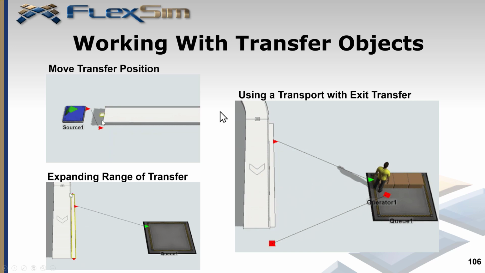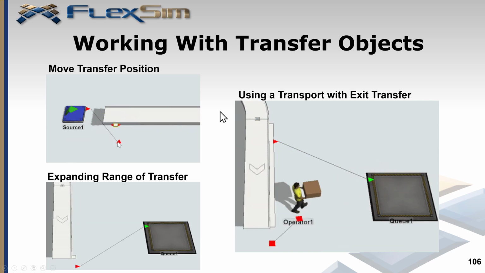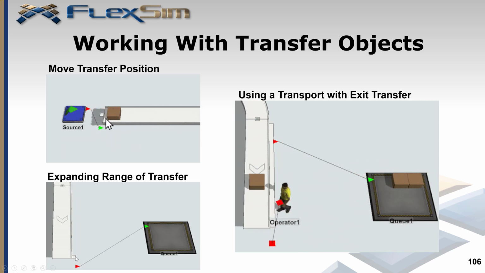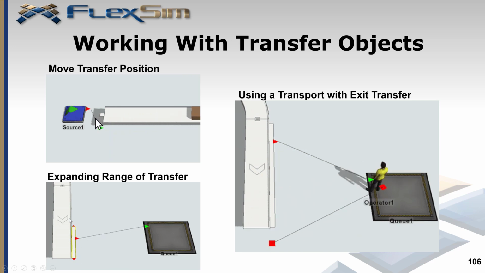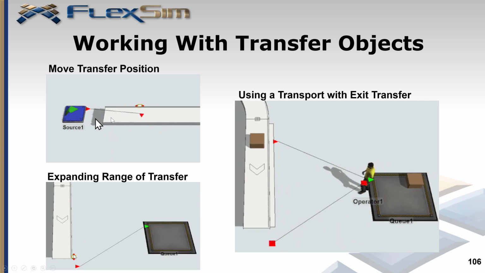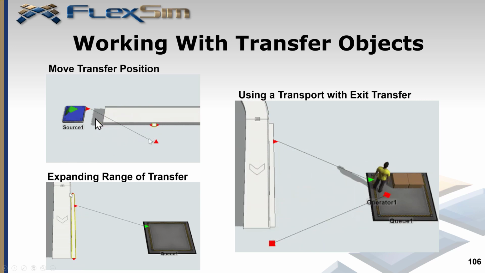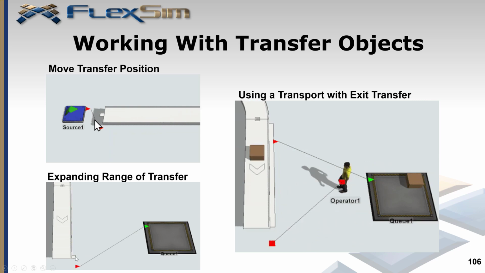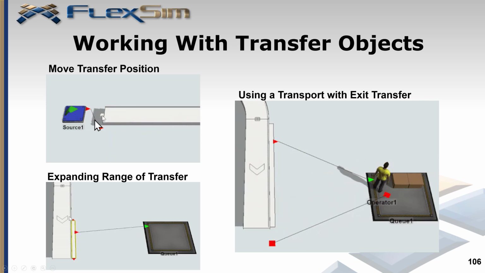We can move an entry or exit transfer by dragging it to a different position on the conveyor, as shown here. Drag along the top or the bottom. We can expand the range of entry and exit transfers if needed by clicking on the transfer object and then dragging one of the expansion arrows as shown down here.